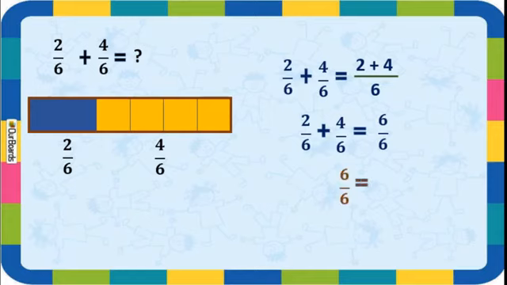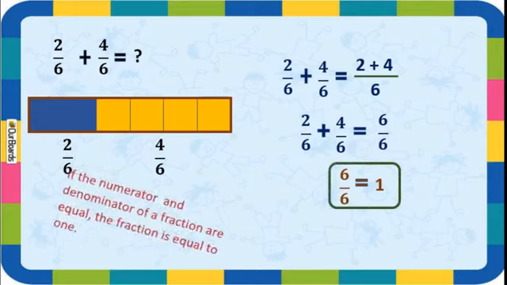But students, see here, 6 upon 6 is equal to 1 because see the picture, full picture is colored. The picture is divided into equal parts. That rectangle is divided into 6 equal parts and all the 6 parts are colored. Means whole one is completed. So dear students, this is our answer.